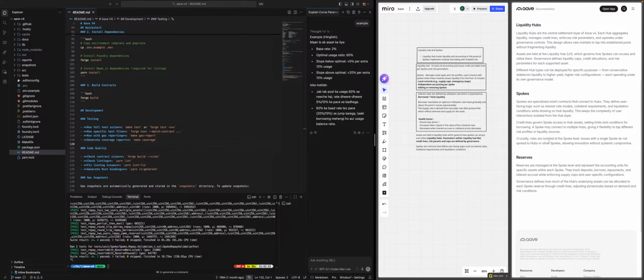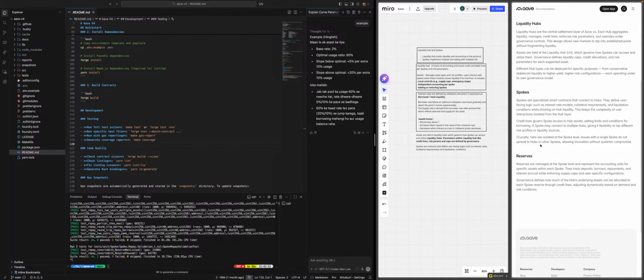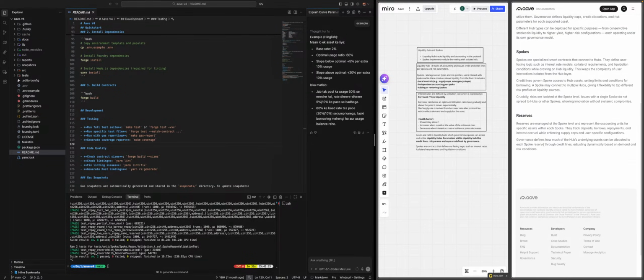Crucially, risks are isolated at the spoke level. Issues with a single spoke do not spread to hubs or other spokes, allowing innovation without systemic compromise, which is true.